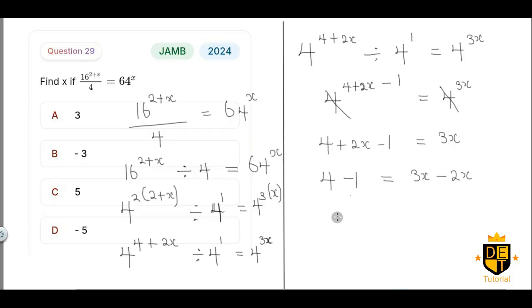So 4 minus 1 gives 3, equal to 3x minus 2x, which is 1x. In mathematics, we don't write 1x, we just write x. So 3x minus 2x is x. In other words, x is equal to 3. This is my answer to this question. The correct answer to this 2024 JAMB question is option A: x is equal to 3.